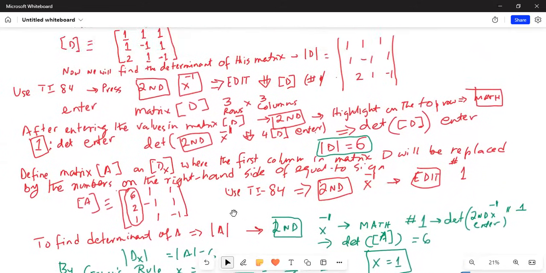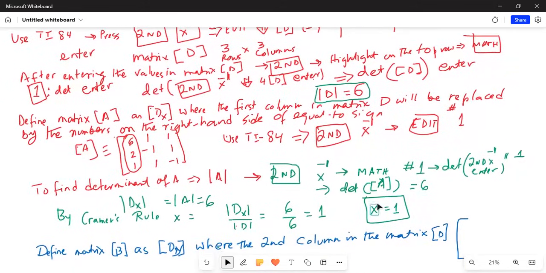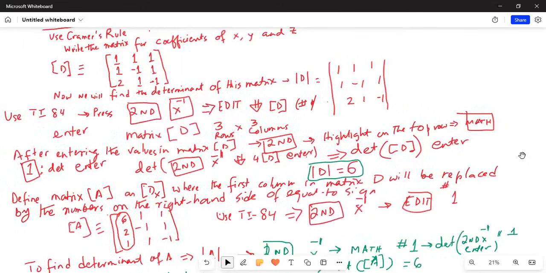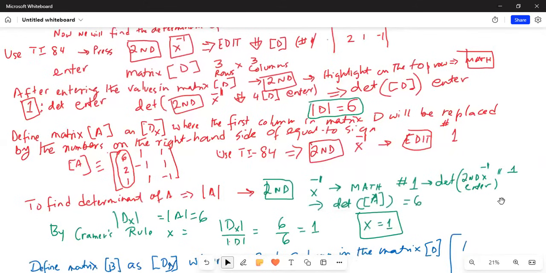So let me write the first column: 1, 1, 2. The first column remains untouched.